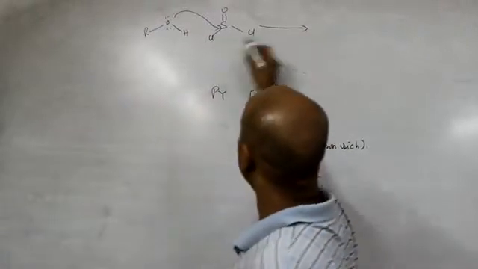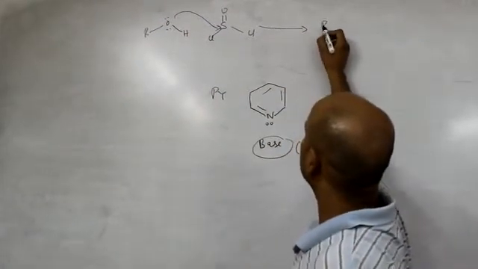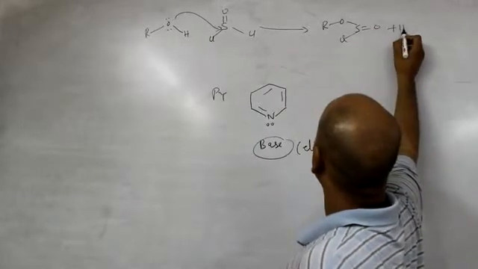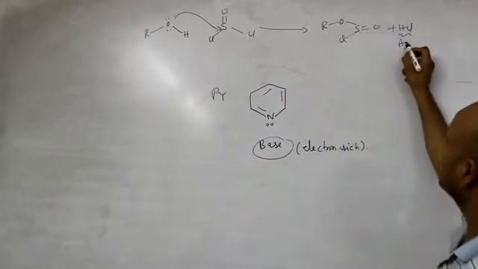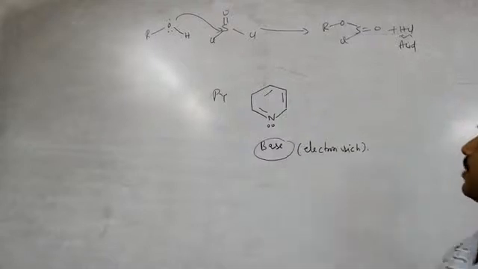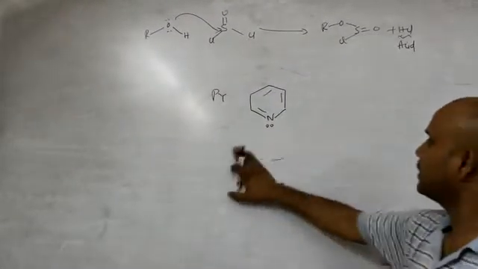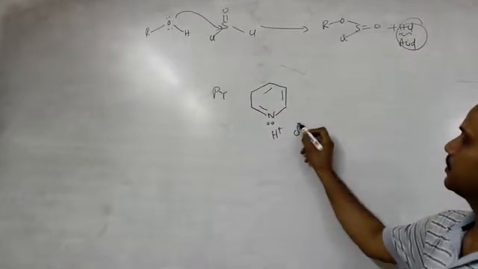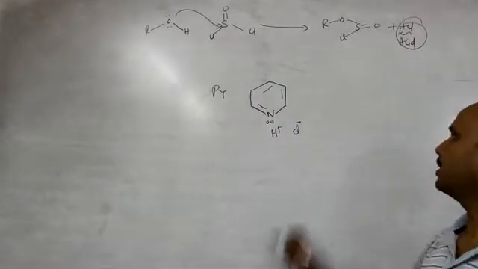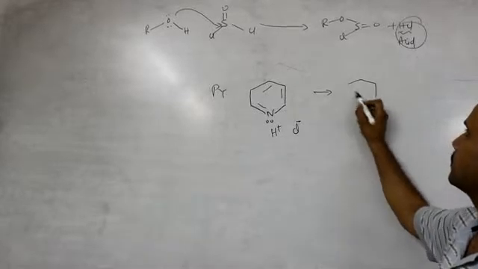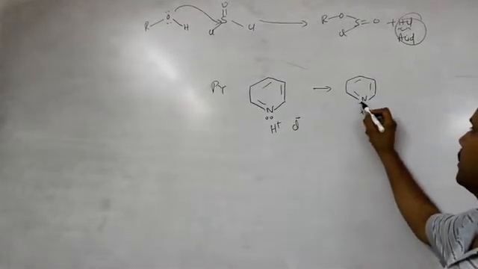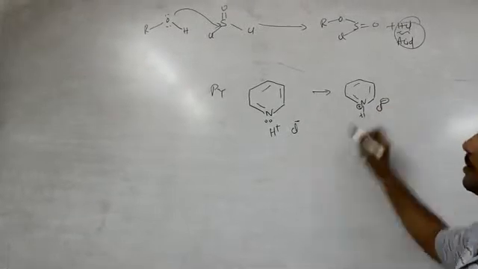In the first step, it loses HCl, forming ROS(O)Cl plus HCl. This is an acid and pyridine is a base. This HCl is trapped by pyridine and it forms this complex, pyridinium chloride.